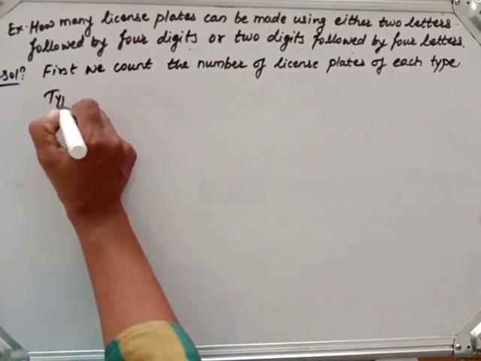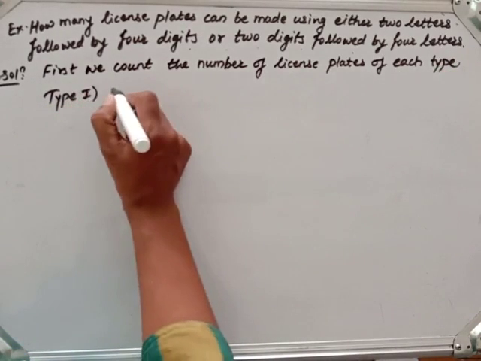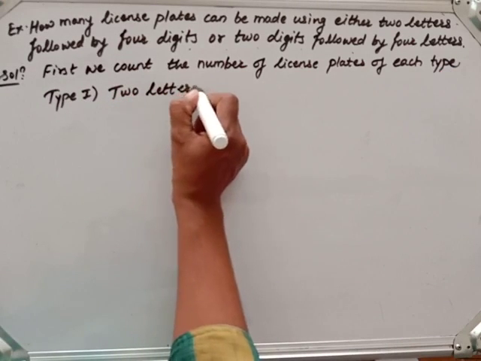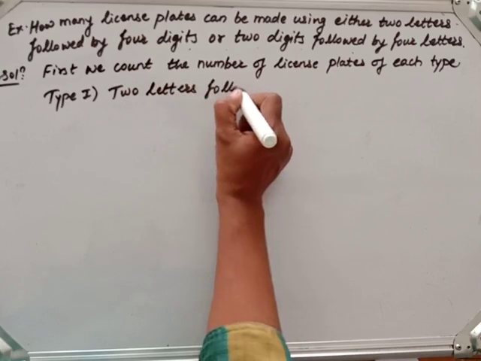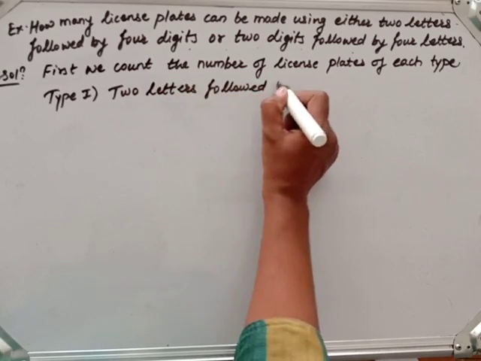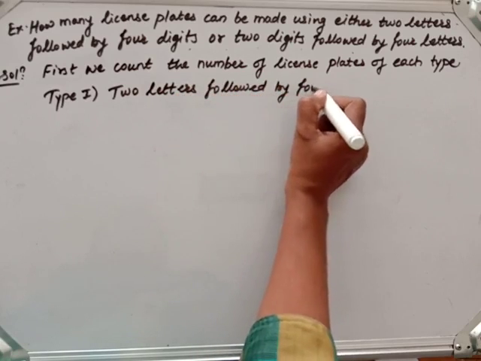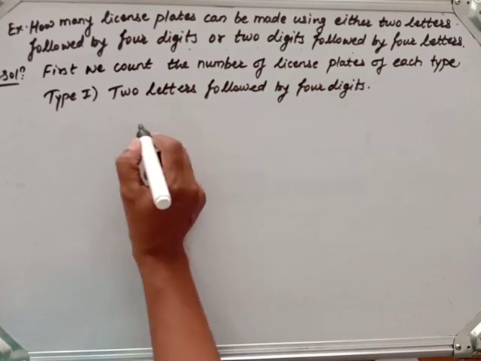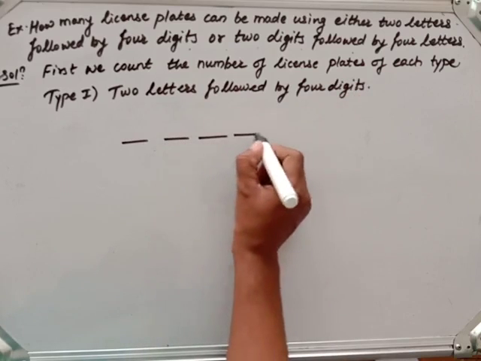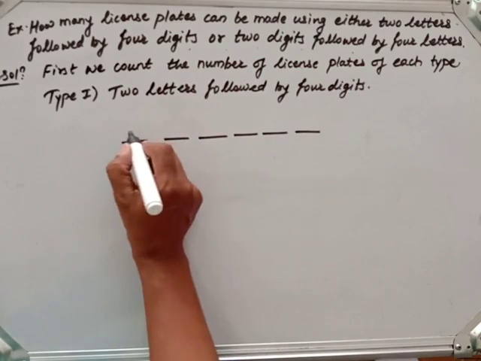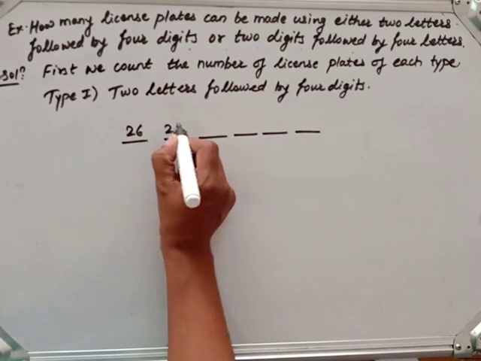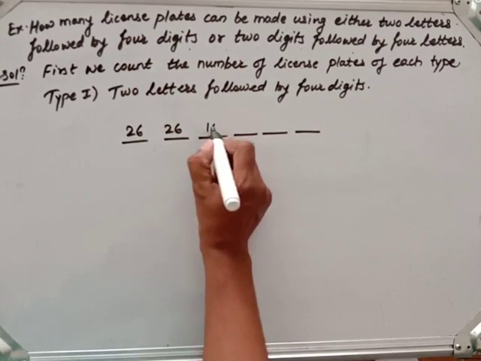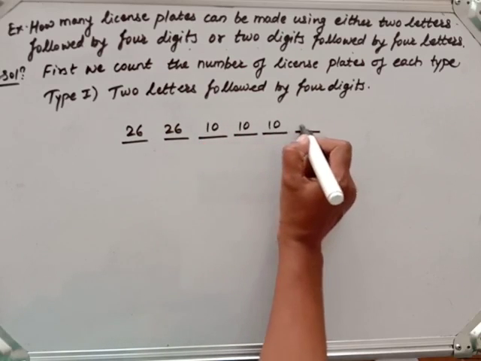Let me go for type 1. What is type 1? 2 letters followed by 4 digits. So here in total how many places? 6 places. The 2 letter places have 26 choices each, and each digit place has 10 choices.